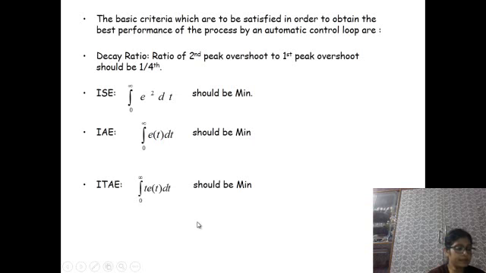Now the basic criteria which are required to be satisfied in order to obtain the best performance, that is, these are the most important features based on which controller tuning is performed. So what are the parameters?